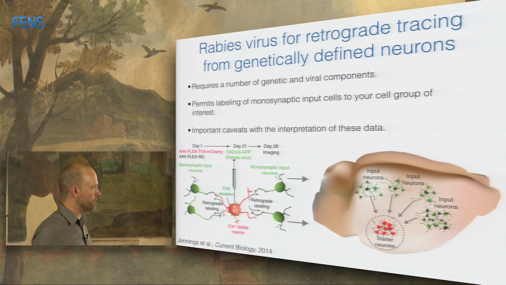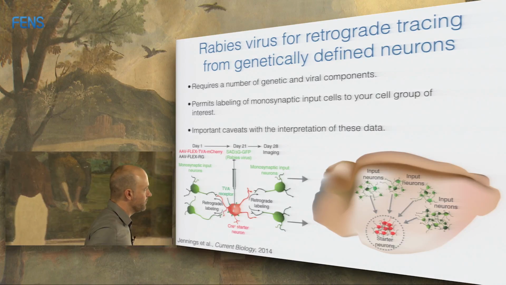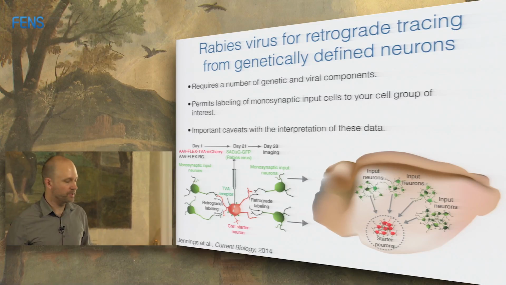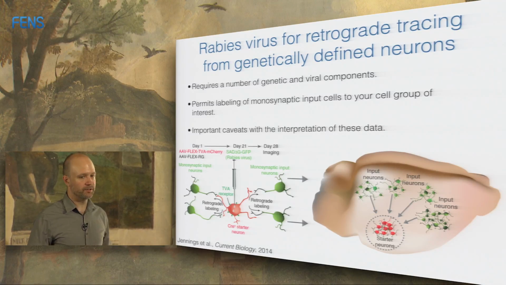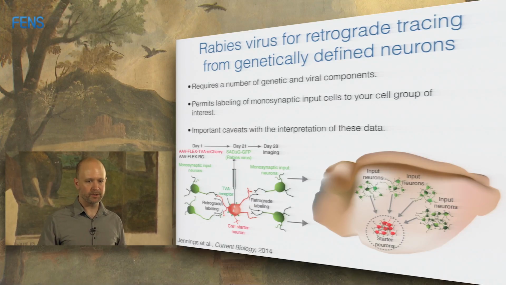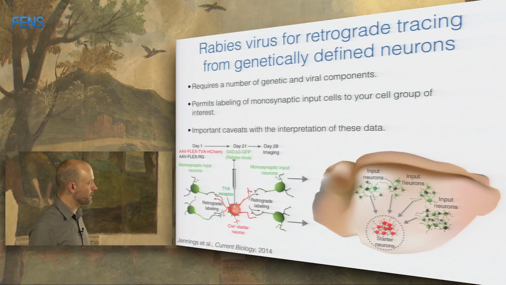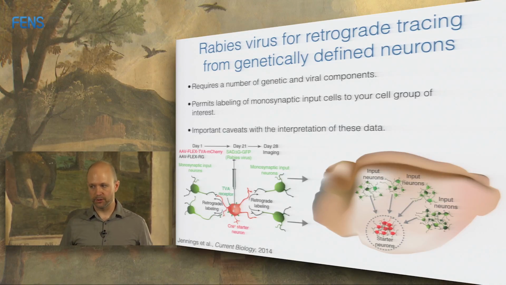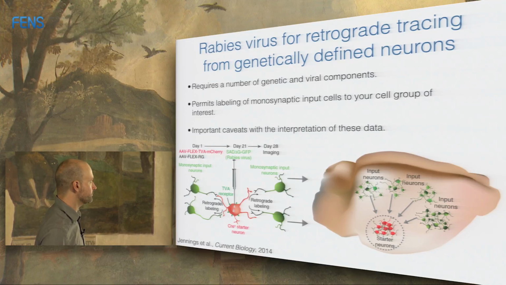So you really wouldn't want to use optogenetics to study the functional connectivity between cells with this, because typically what happens is that once the cells start expressing the rabies virus, within a short period of time, typically 7 to 10 days, the cells will die. And so it's good for looking at anatomical connections, but it's not good for long-term functional manipulations of neurons.